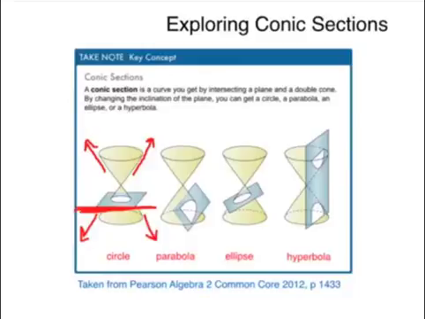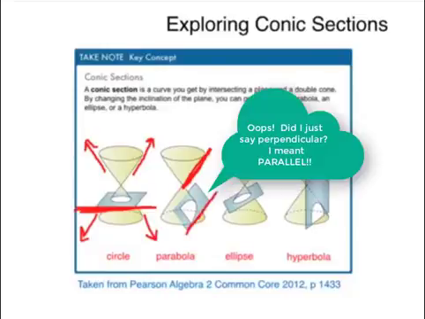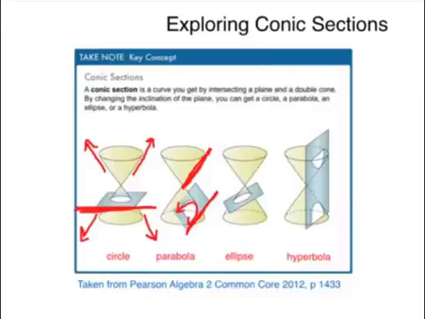Another conic section is if you take it to where this edge here is parallel with this edge of the plane. If you can picture that, then it comes straight through one of the cones and makes an infinite structure that looks like this, and that's called a parabola.